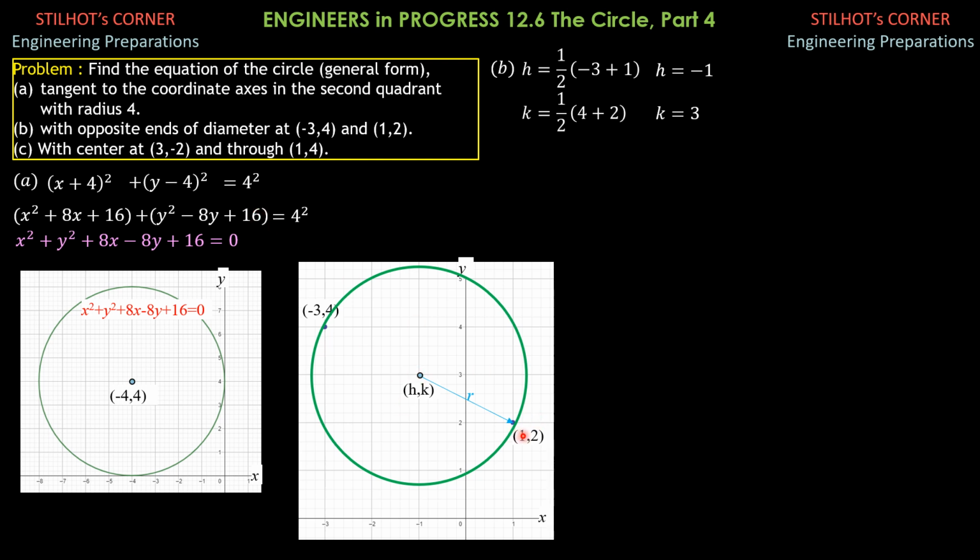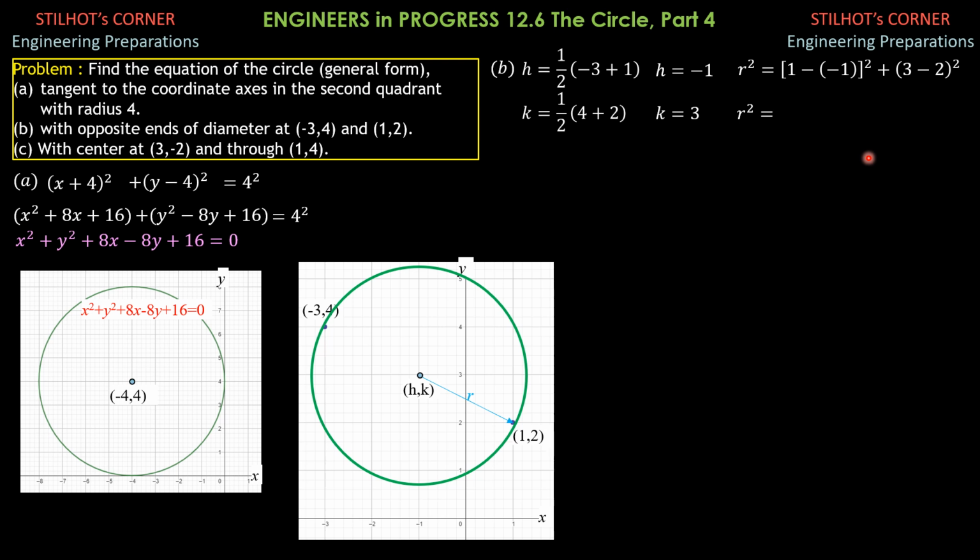By the way, the radius square by Pythagoras theorem is 1 minus -1 quantity square, so 1 plus 1 quantity square plus quantity k minus 2 quantity square. So it is 2 square plus 1 square, so it is 5.